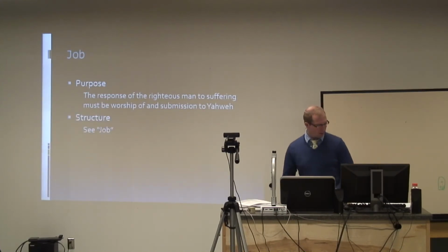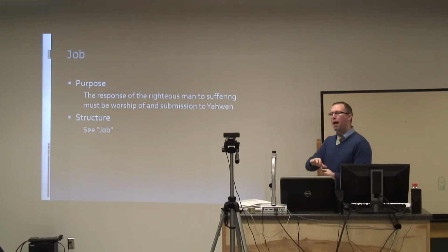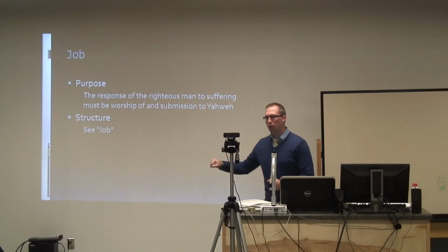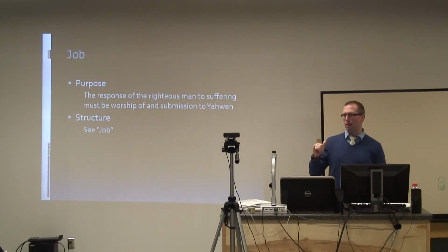You can take a look at your chart here, Job, and you can see the structure of the book. The first 2 chapters give emphasis in prologue, in prose. They pull back the curtain to what's gone on before the events of the book in heaven. And you have the discussion between God and Satan, as we see emphasized here, Job's impeccable character.